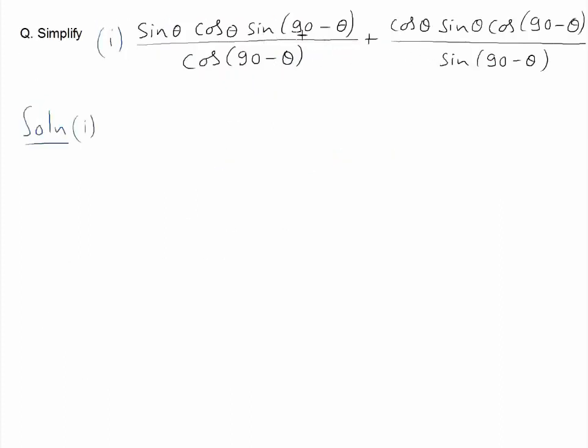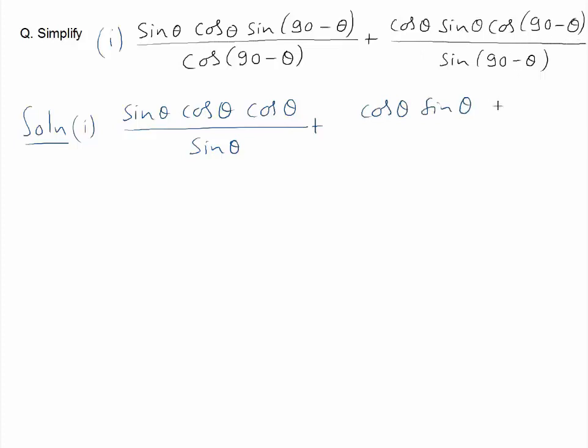So we know sine 90 minus theta is cos theta. So we can write this as sine theta cos theta, and this will become cos theta. Cos of 90 minus theta is sine theta, plus, now this is cos theta into sine theta. Cos 90 minus theta is sine theta divided by sine 90 minus theta is cos theta.